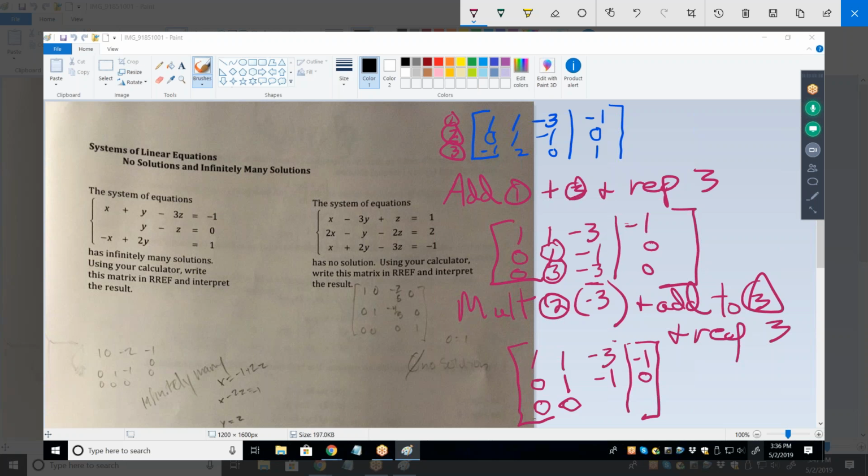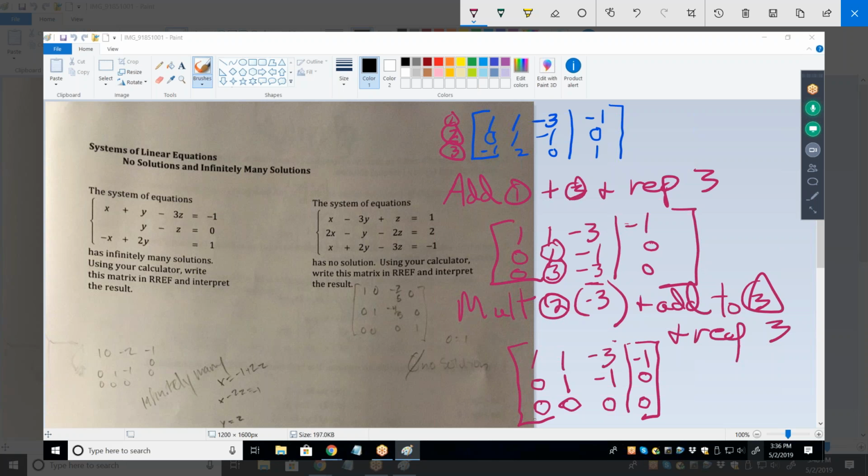Multiplying row 2 by -3 gives me a +3. Adding it gives me a 0 there. And finally, I get a 0 there. In other words, I have to apply it to all the numbers that are on the right side of that vertical bar.